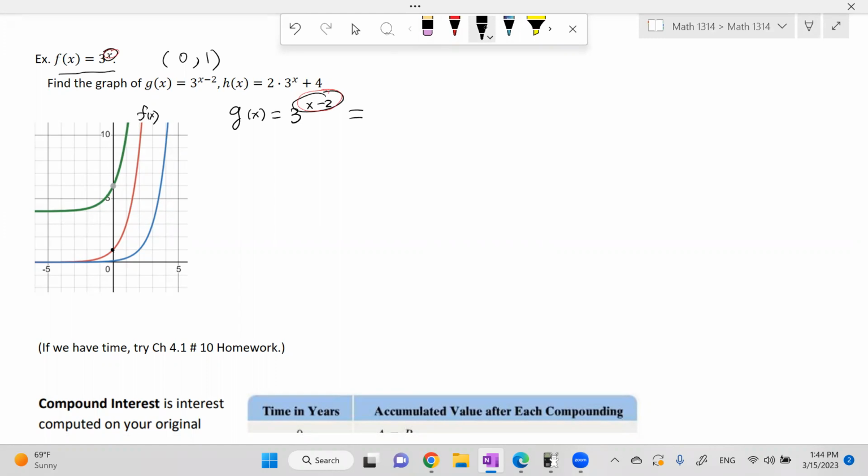Write the g as f of x minus 2. Based on f of x, what is the transformation of it?